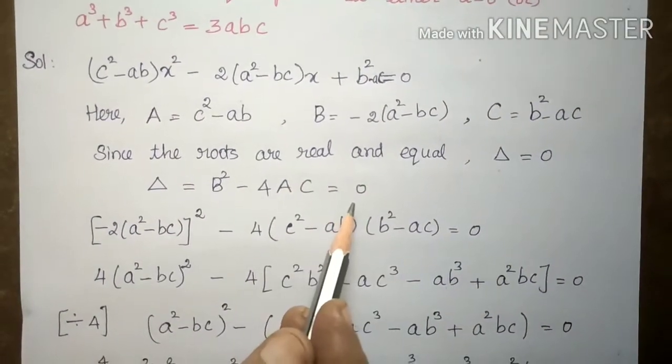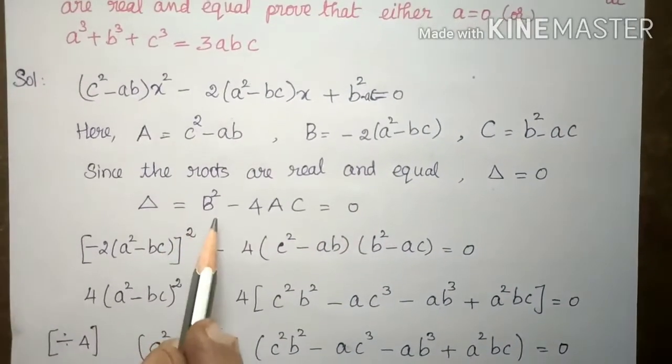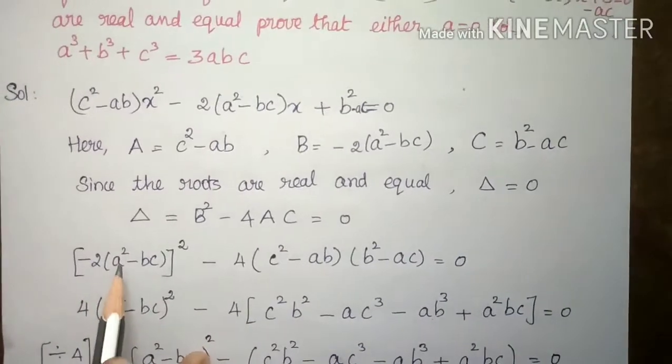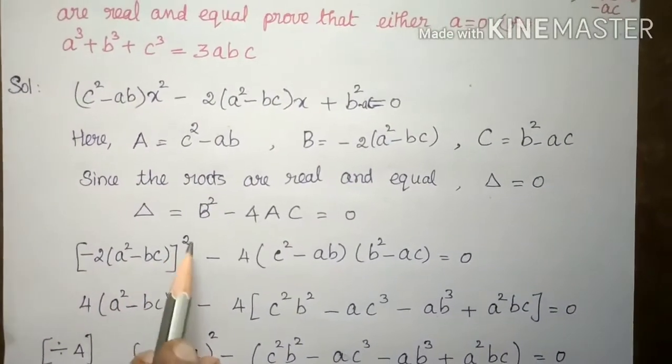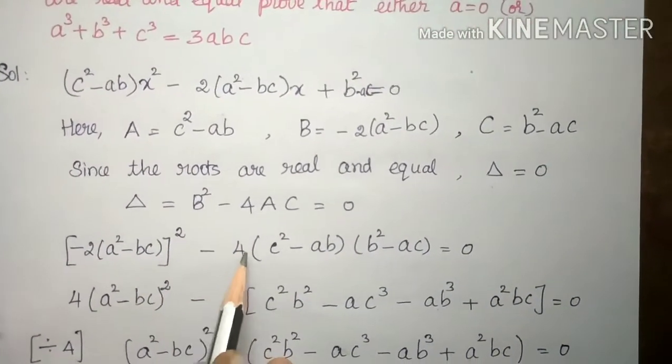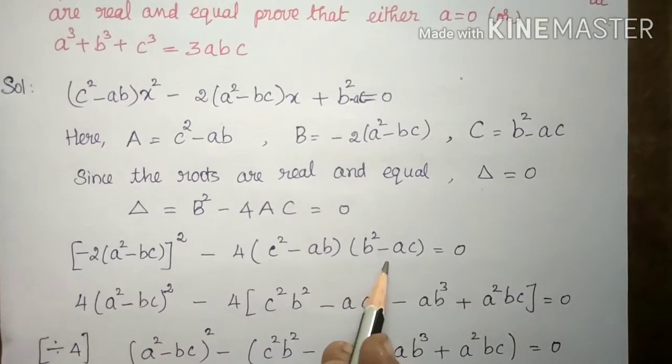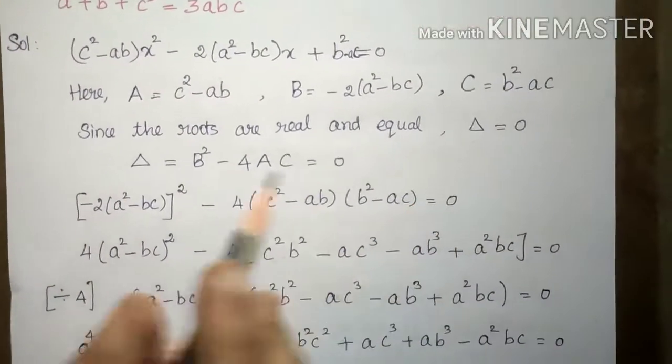Now replace the values: minus 2 (a squared minus bc) the whole squared minus 4 (c squared minus ab)(b squared minus ac) equal to 0.